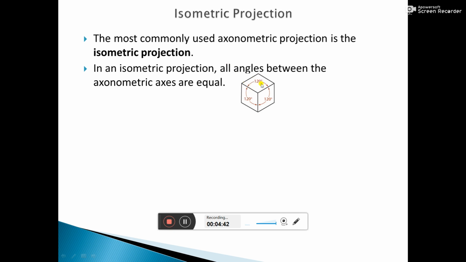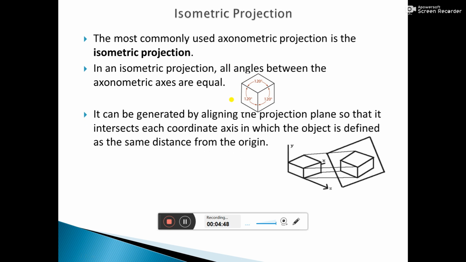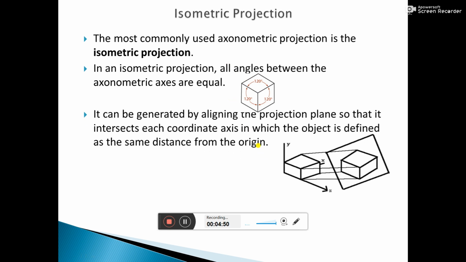All angles are equal here, 120. It can be generated by aligning the projection plane so that it intersects each coordinate axis at the same distance from the origin. See this diagram, it maintains the original object by adjusting the projection plane.